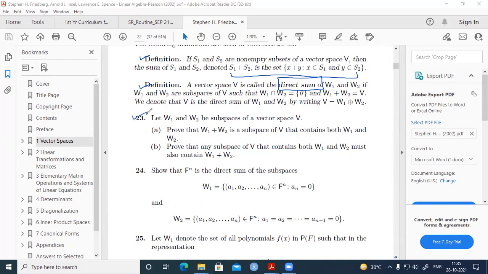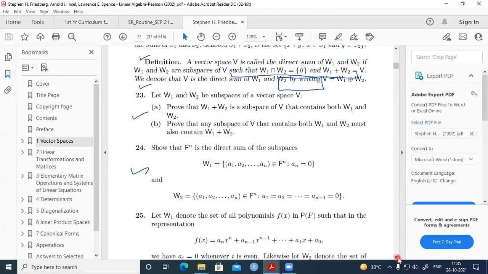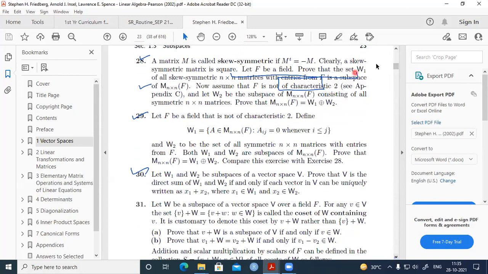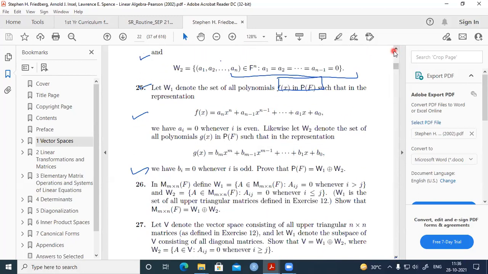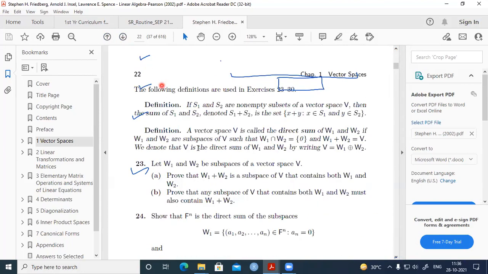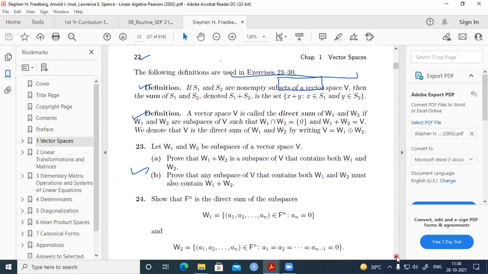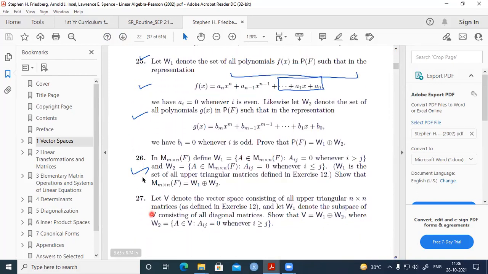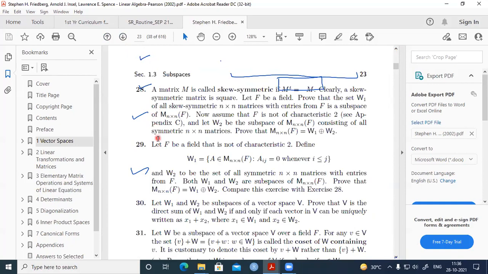You can try question number 23, 24, and then you can try 26 and 27. Then you can try 28, 29.